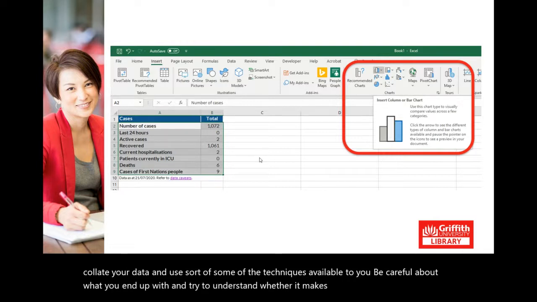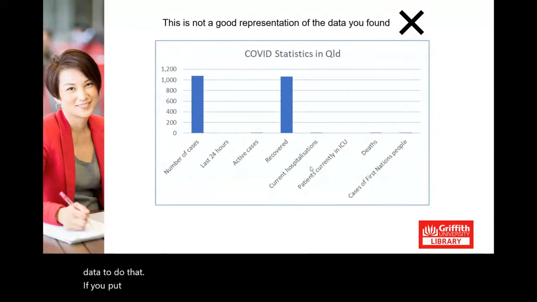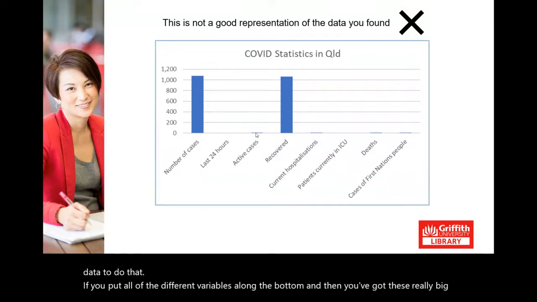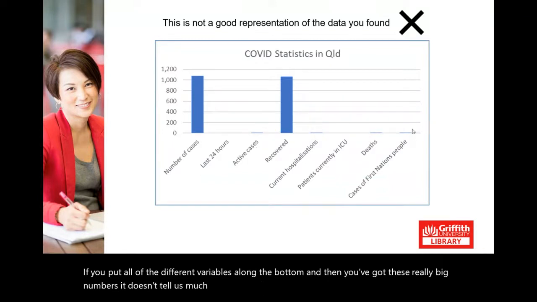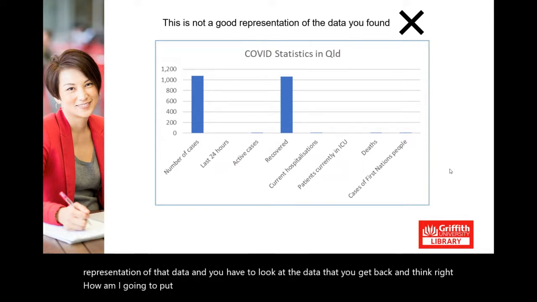So let's say you use that data to do that. If you put all of the different variables along the bottom, and then you've got these really big numbers, it doesn't tell us much about these smaller ones. So it's not a very good representation of that data. And you have to look at the data that you get back and think, right, how am I going to put this together so that it really does make more sense?